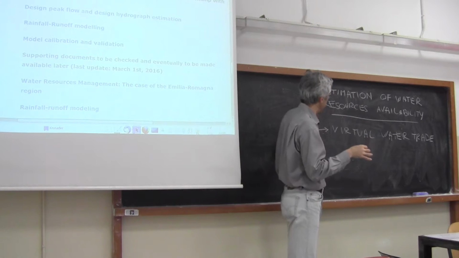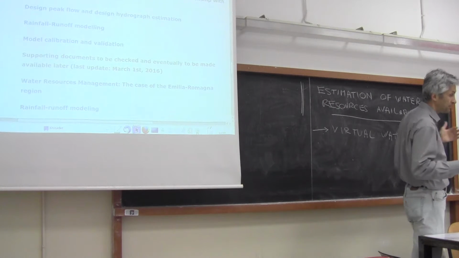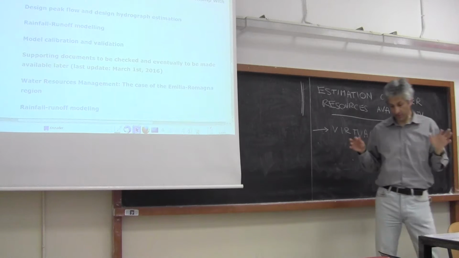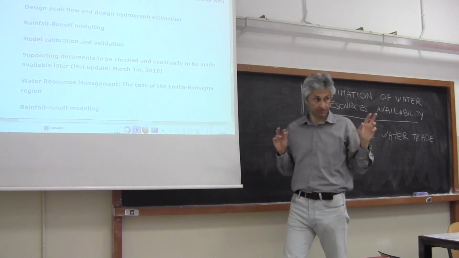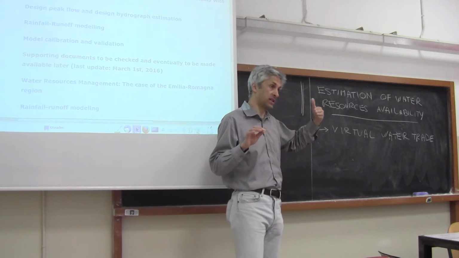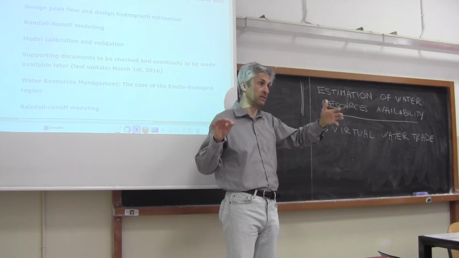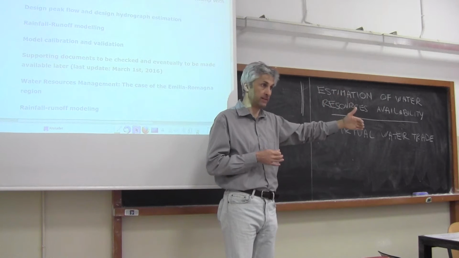But the first thing is data. So let's start now from the assumption that we have data, and let's look at classical hydrology, how water resources availability is estimated in the presence of data.